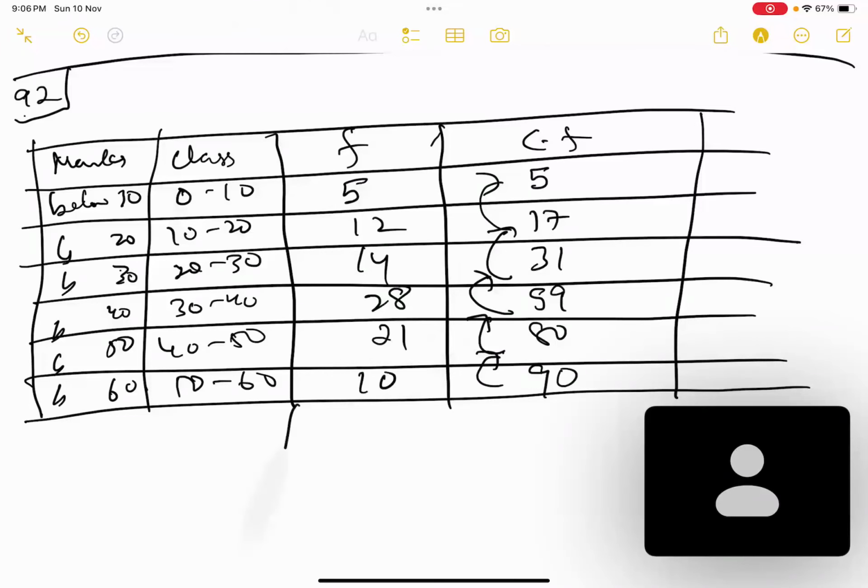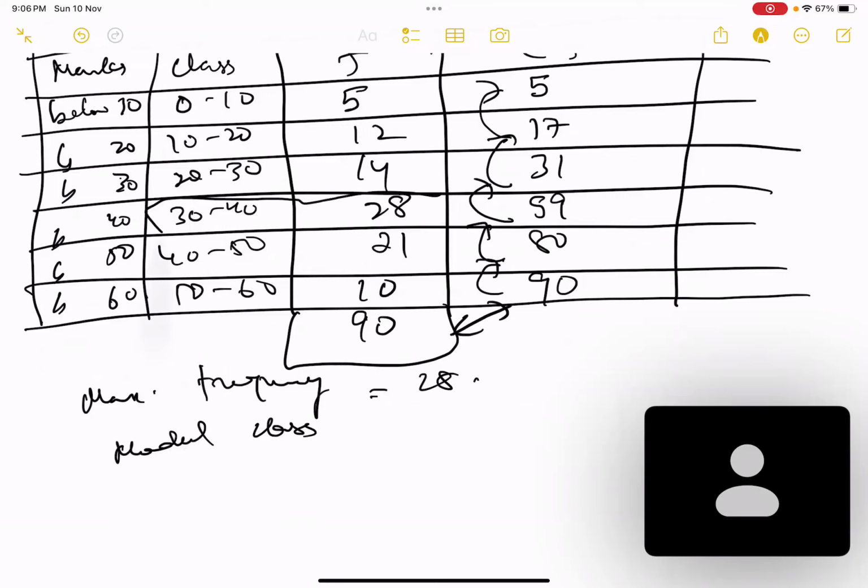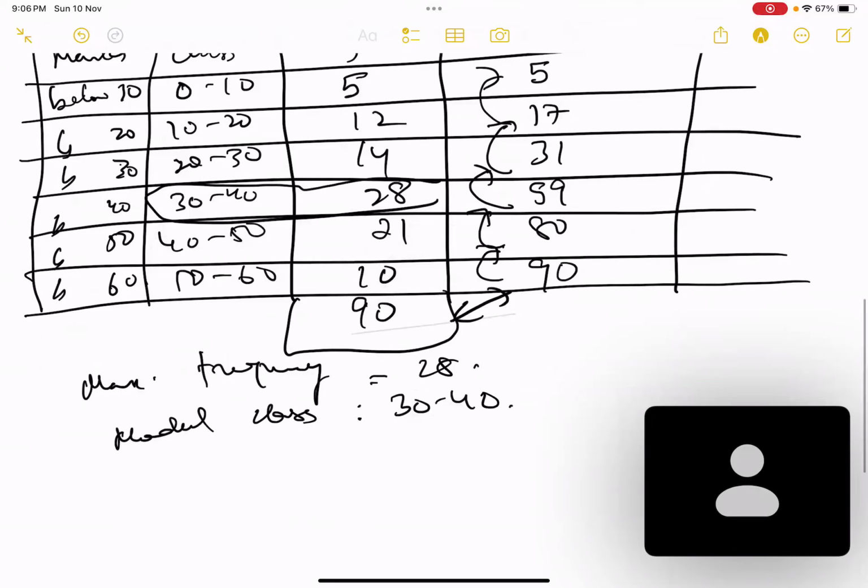So this total must be 90, the same as the last cumulative frequency. Now the modal class is the one with maximum frequency, which is 28, so the modal class is 30 to 40. So the answer is B.